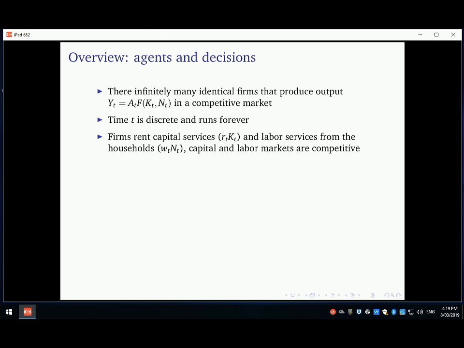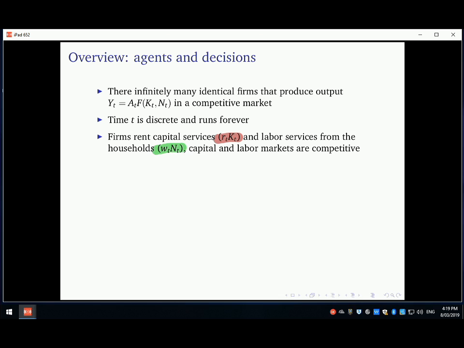As we know, firms, in order to produce YT, need capital and labor. For capital, they pay RTKT. That RTKT is what the firms pay to the household to rent a machine or to rent the computers. And then you have as well over here the wage bill.